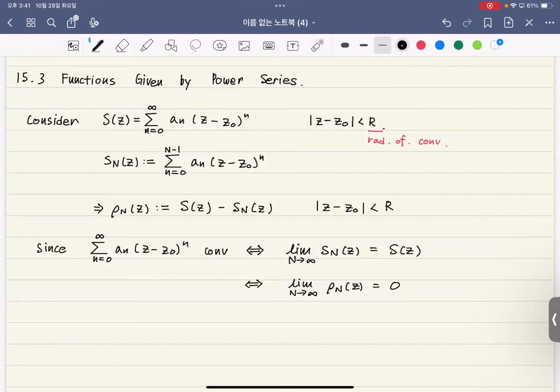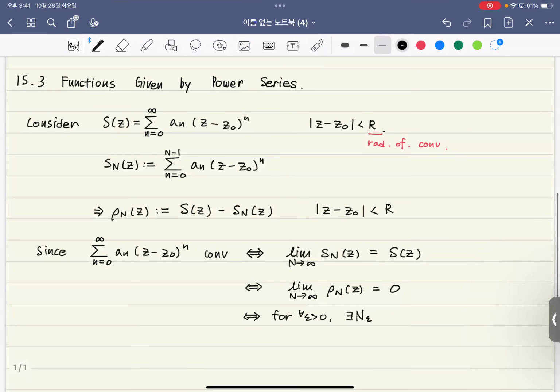In other words, using the epsilon and N argument, I say for every positive epsilon, I must be able to find some integer N of epsilon such that if n is greater than N of epsilon, then the remainder is less than epsilon.